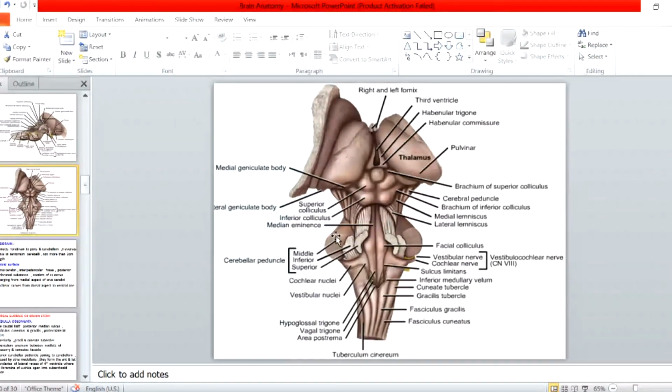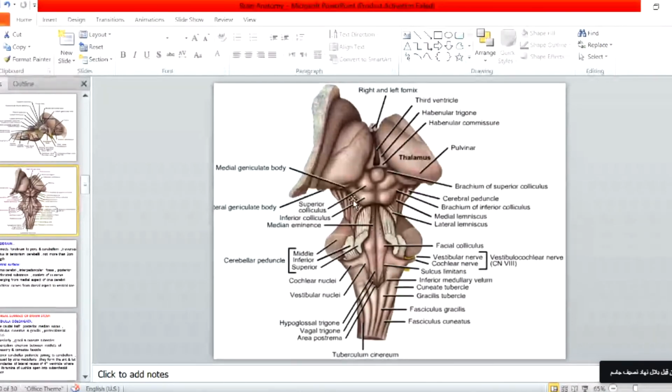Passing to the dorsal surface of the pons, it's a continuation again of the floor of the fourth ventricle. All this rhomboid shaped area is called the rhomboid fossa, which is the floor of the fourth ventricle of the brain. We will study this later on, which is the cavity of the fourth ventricle.